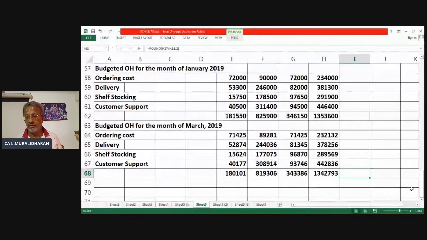So this is what question number 3 was talking about: compute total budgeted cost for each activity in March 2019, if March 2019 has the same budgeted amount of cost driver quantity consumption, and Kaizen budgeting.